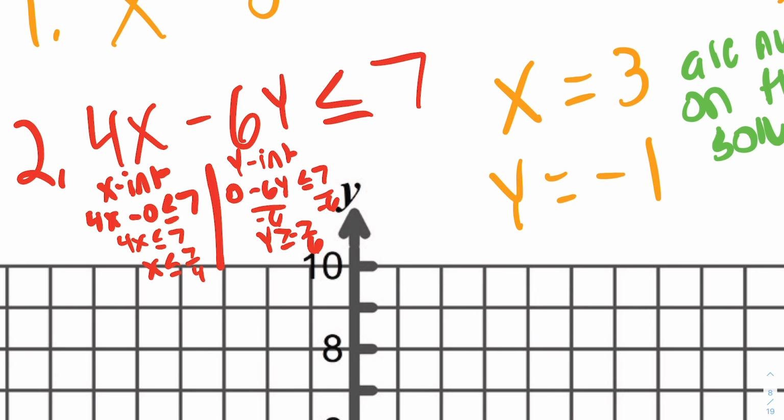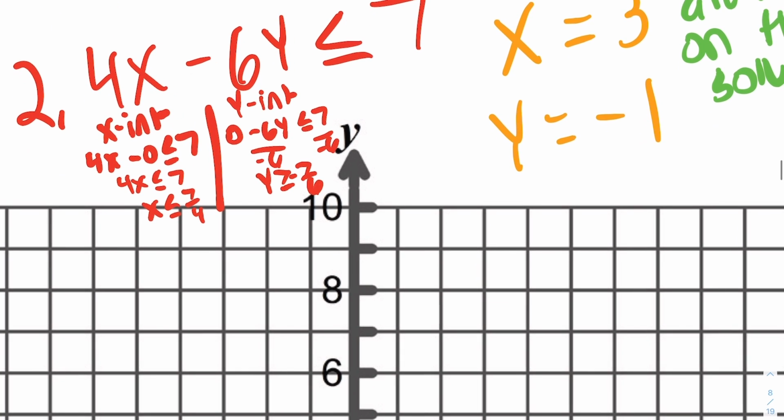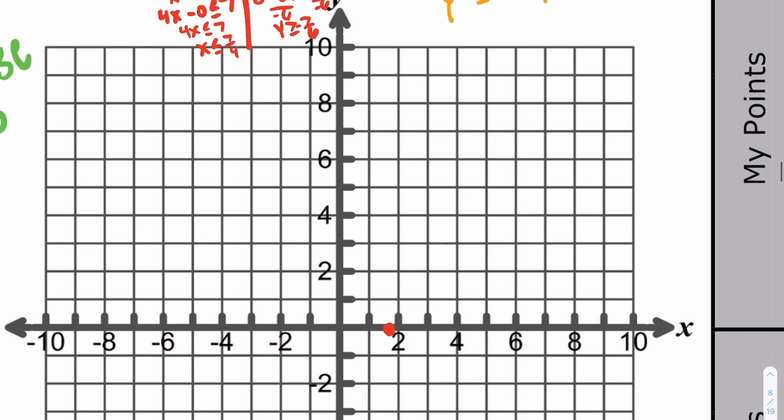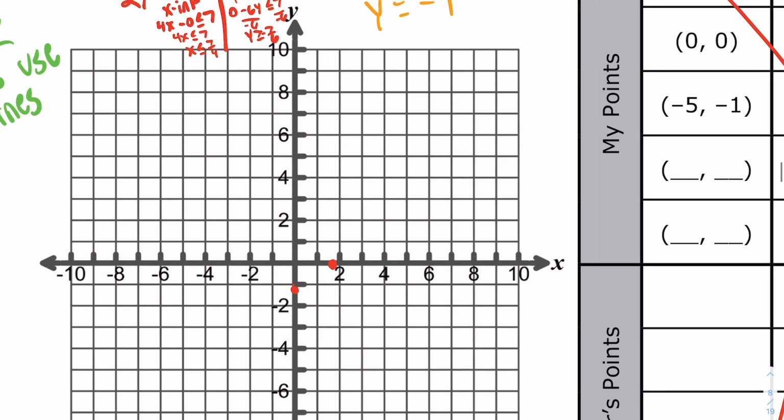Y is greater than or equal to negative 7/6. Negative 7/6 is more than negative 1, but it's not too much more negative, so it's going to be around there. Let's connect these with a line for now, and then we'll see if we need to change it for a dashed line later.